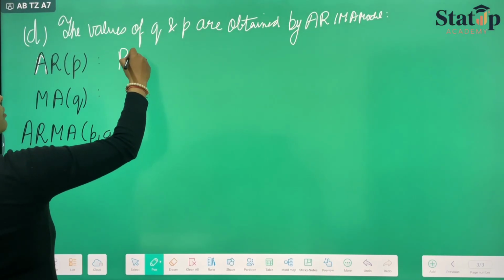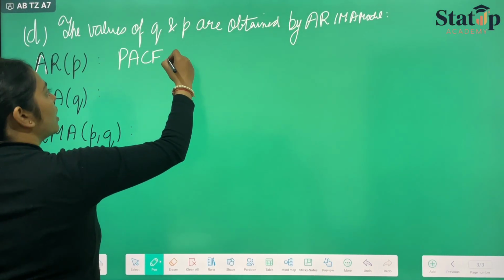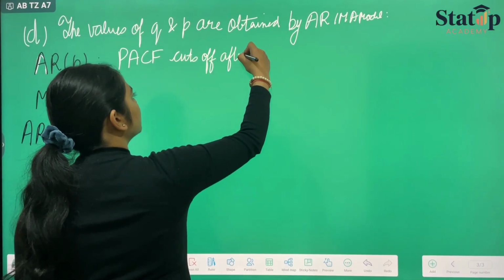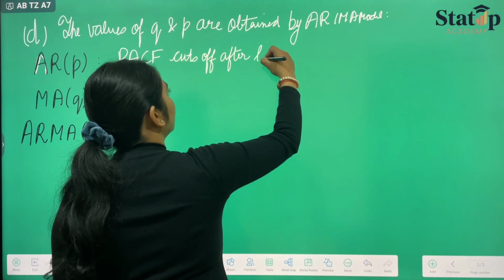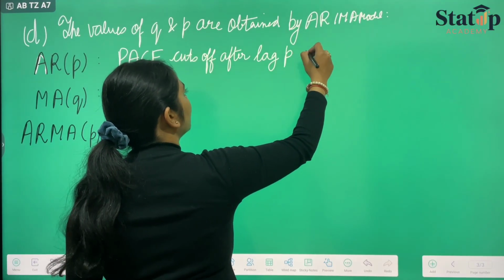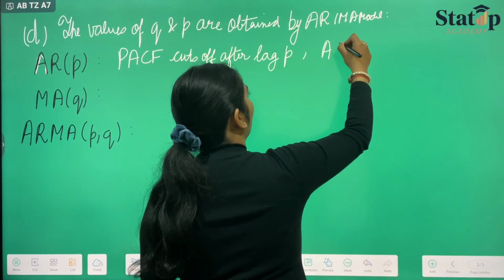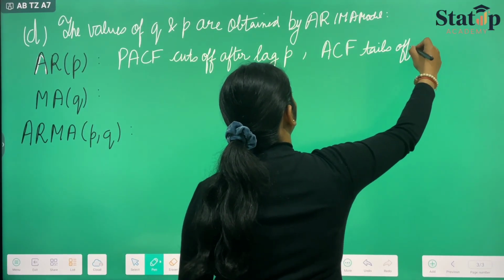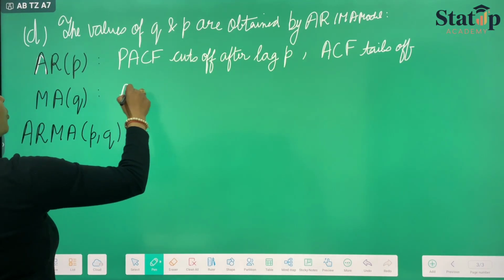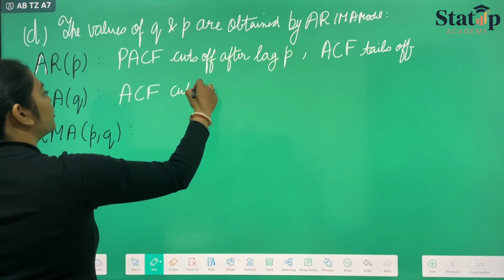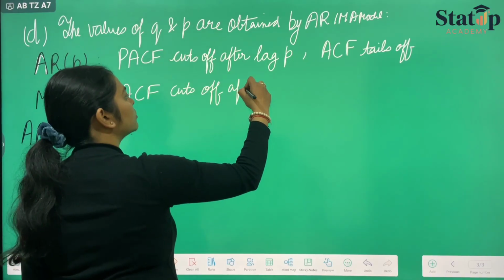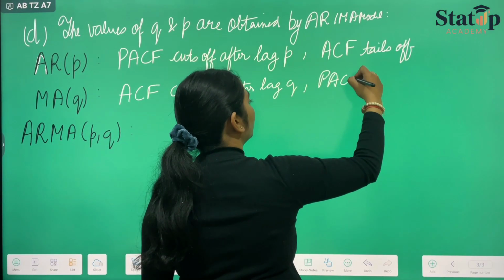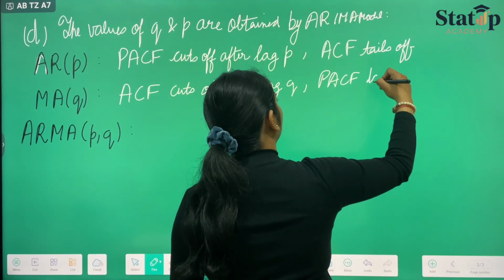So here PACF, partial autocorrelation function, cuts off after lag p, and ACF, autocorrelation function, tails off. Here the autocorrelation function cuts off after lag q, and PACF, partial autocorrelation function, tails off.